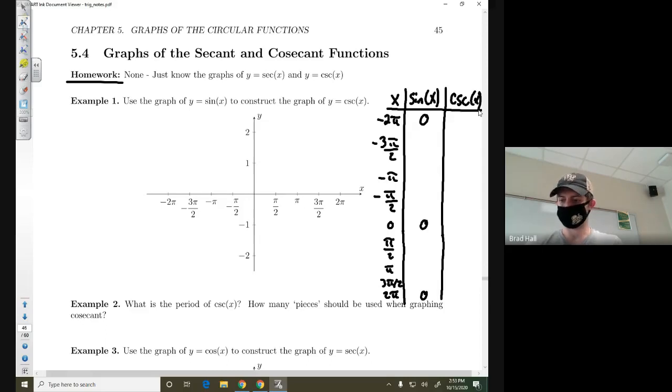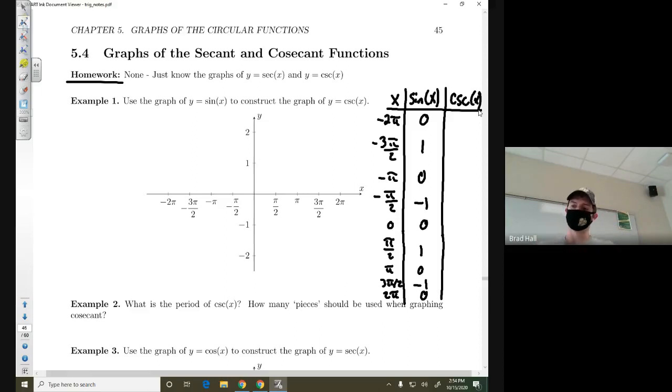So pi over 2 is 1, 0, negative 1, 0. Then negative 1, 0, 1, 0. So these are just quadrantals. I didn't even throw in the 30 degree, 45 degree, 60 degree ones, because really this section is not too important, I guess.